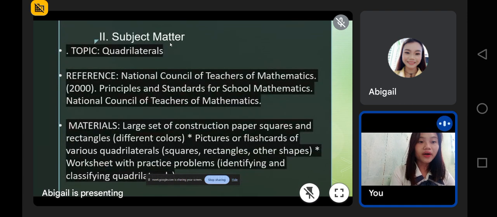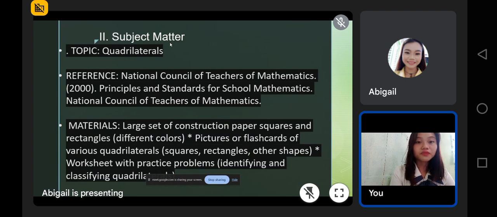The second part is the subject matter. My topic is quadrilaterals, and my reference is the National Council of Teachers of Mathematics, year 2000, Principles and Standards for School Mathematics.